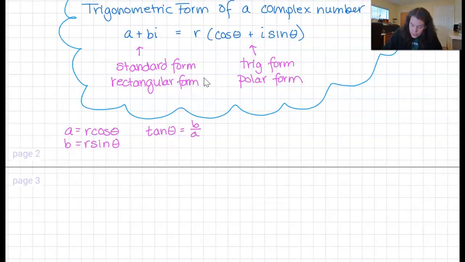And r squared is equal to a squared plus b squared, and you can see that from the picture. It's just a right triangle, so it's the Pythagorean Theorem. So those are the four formulas that are going to help us convert back and forth.